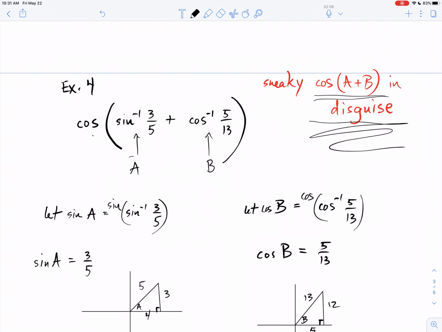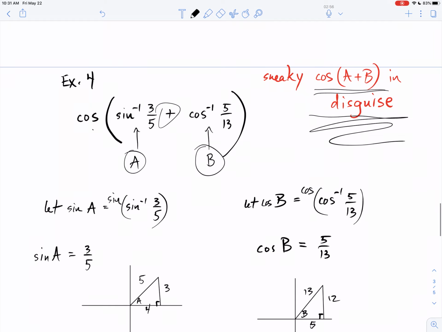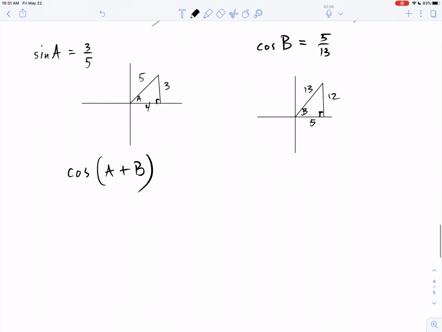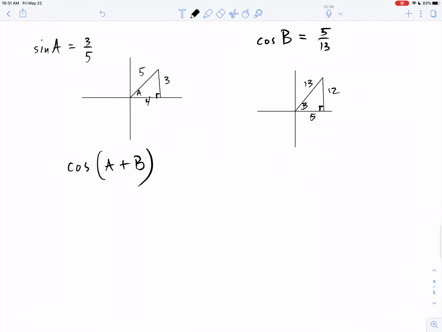Cosine of A plus B. Well, we have an angle A, we have an angle B. We can go grab our stuff and complete this problem. Remember, cosine of A plus B just equals couscous. Cosine A, cosine B, minus, because sine A, sine B.